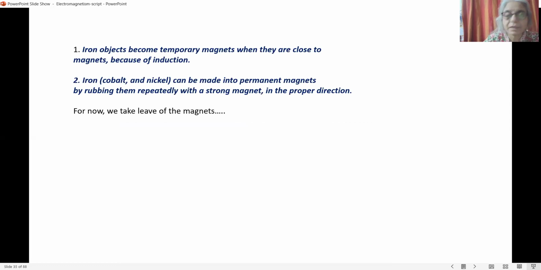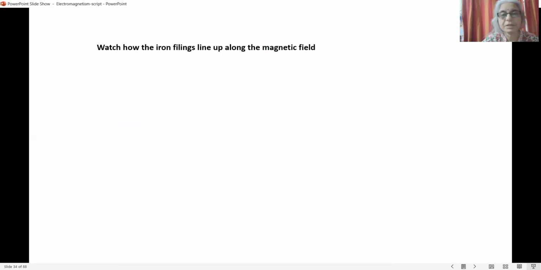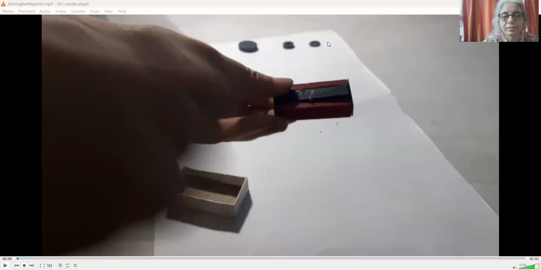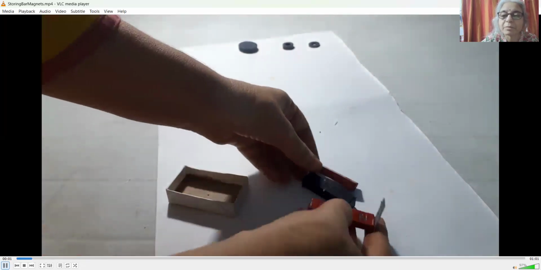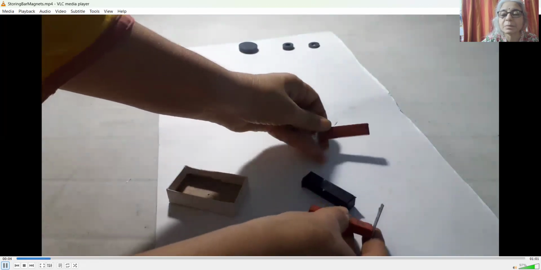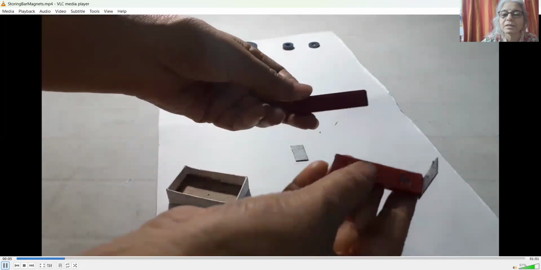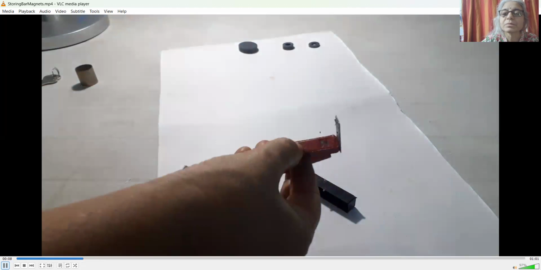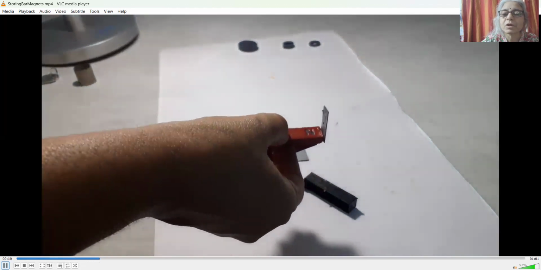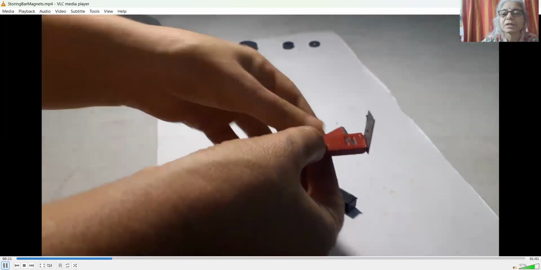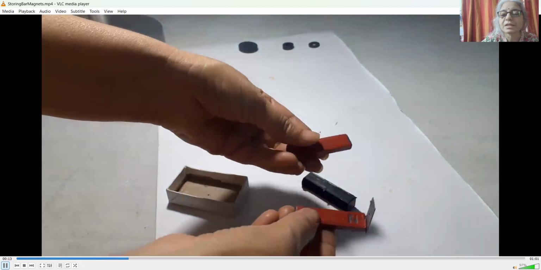So we have seen, okay, so before we wind up, let us just see how a bar magnet is stored correctly. So this is how a pair of bar magnets are separated by the black plastic separator, and there are two small plates of iron which are attached at the top.